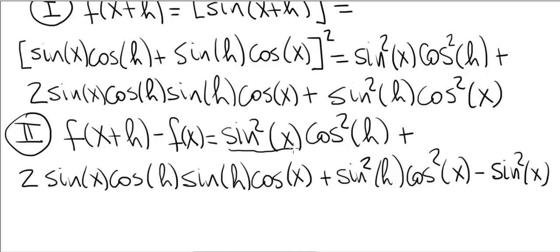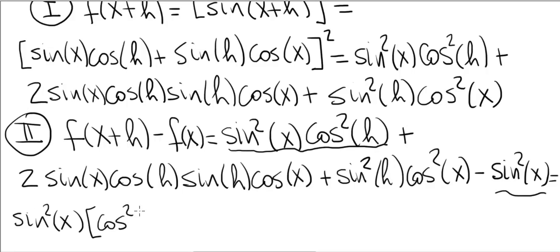Note that this term contains a factor of sine squared of x, and so does this one. So we're going to factor sine squared of x out from the first and the last term. That leaves cosine squared of h minus 1.